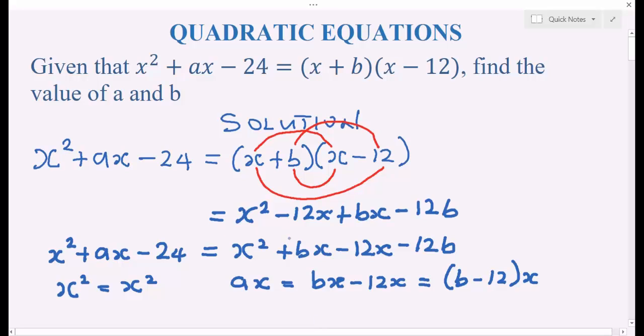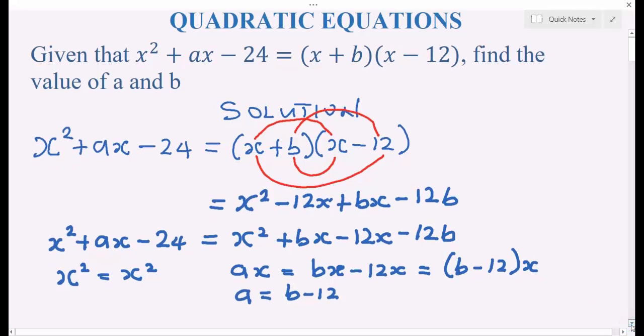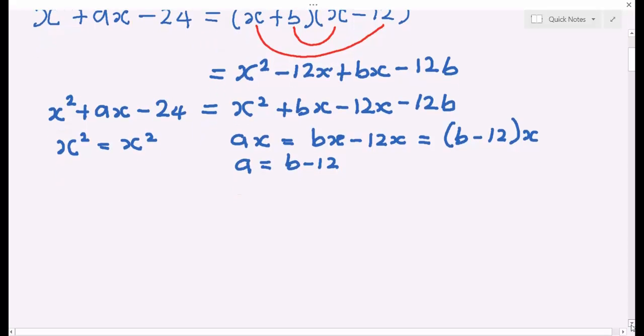So what this means is that a is equal to b minus 12. We can say that this is our equation 1.